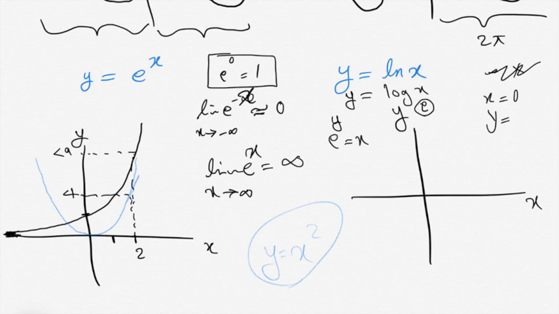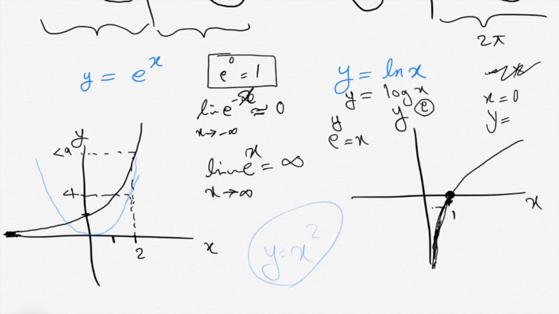So for instance, let's say that y is equal to 0, what is x? So x is going to be 1, right? So this is the point that it should cross. And if we just go down this way, then the y is going to be minus infinity, I mean.